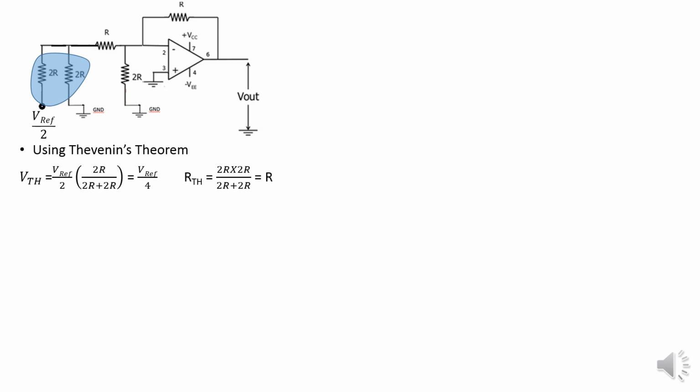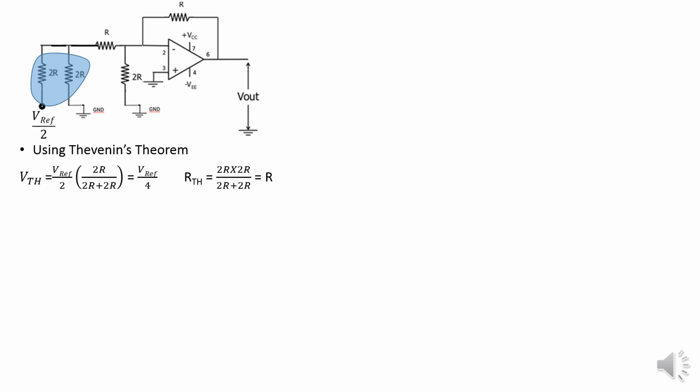Using Thevenin's theorem again, the circuit can be modified into VTH equal to V reference by 2, because the applied voltage derived from the earlier circuit is V reference by 2, times opposite resistance by total resistance, and that is V reference by 4.